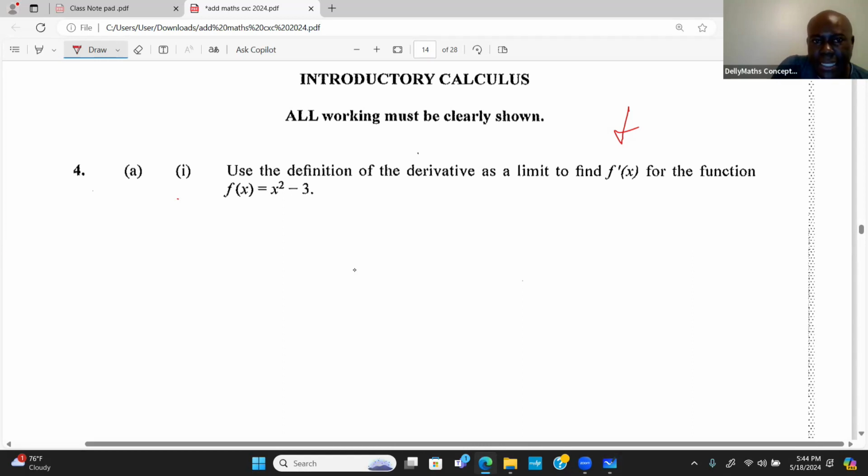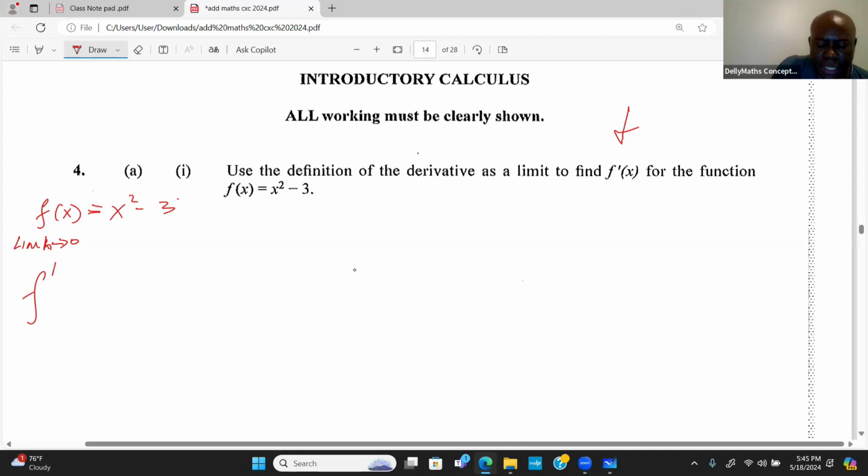All right, so basically what we have here is f, we want to find the derivative of f of x equals x squared minus 3. I want to find the limit as h tends to 0, right? So this is the real formula that we always use.